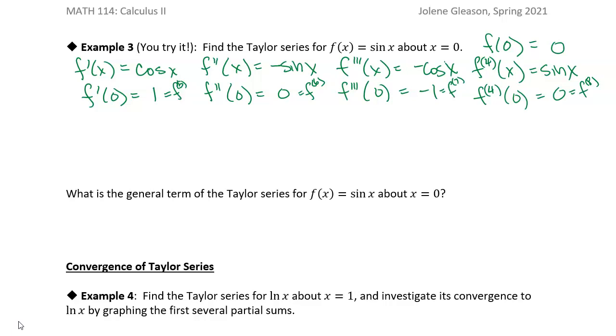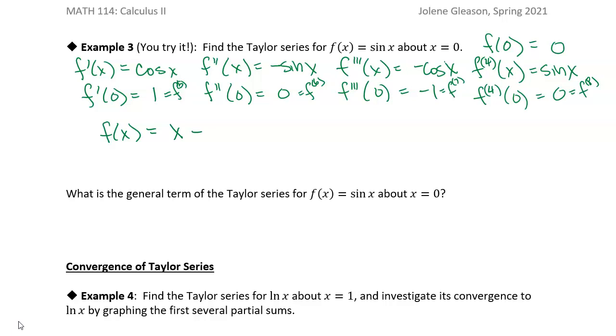So let's write the Taylor polynomial just using the formula. The Taylor polynomial for sine of x. Now, in this case, f of 0 is 0, so we're going to start with the first order term. The derivative f prime at 0 is 1, so 1 times x is just x.